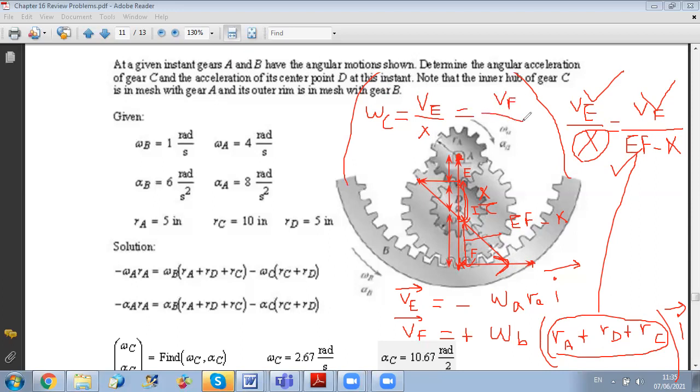Both will give us the same value, which is omega C. So this is the first method to find omega of C.